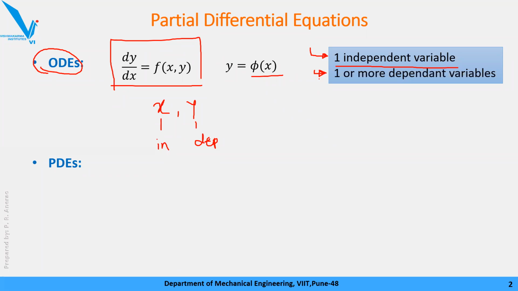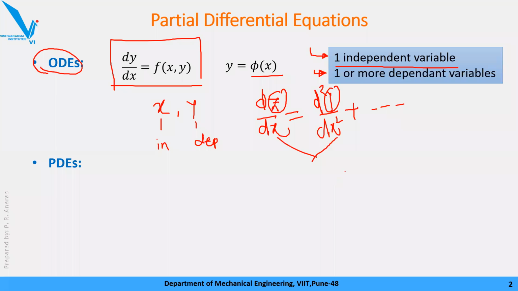So in some cases you might have dz by dx equal to d square y by dx square plus some function, where there are two dependent variables z and y, but we are dealing with only one independent variable x.